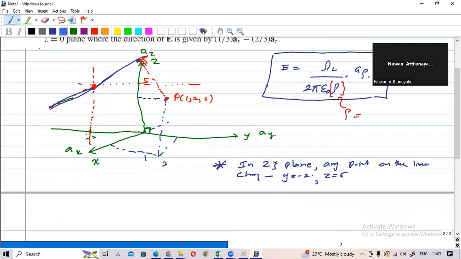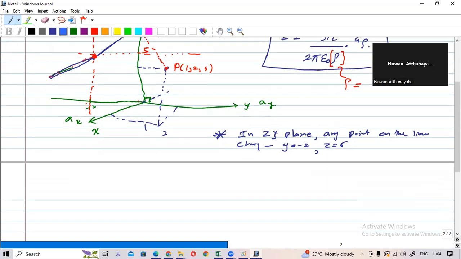Okay, so this is that. In the ZY plane, this point is y minus 2, z 5. So this line is parallel to the x-axis, so we can neglect the x coordinate. I have explained it in a previous week, as I can remember.